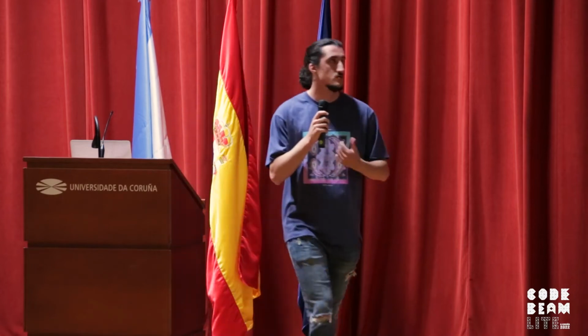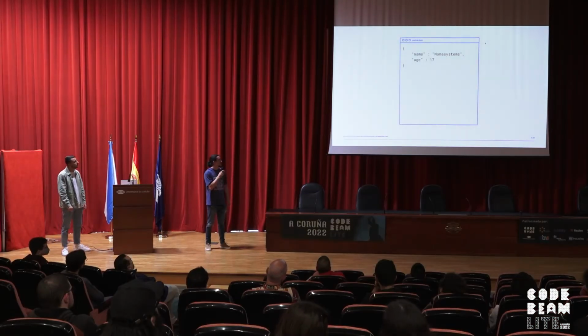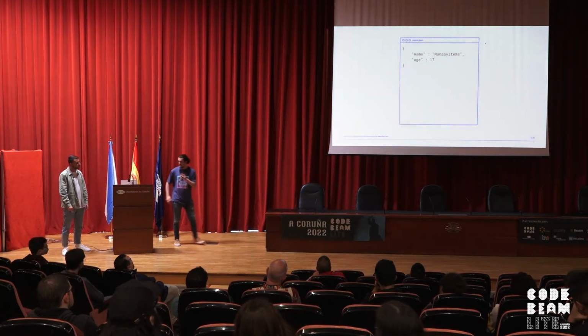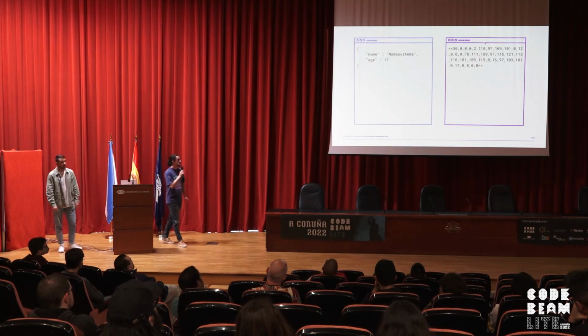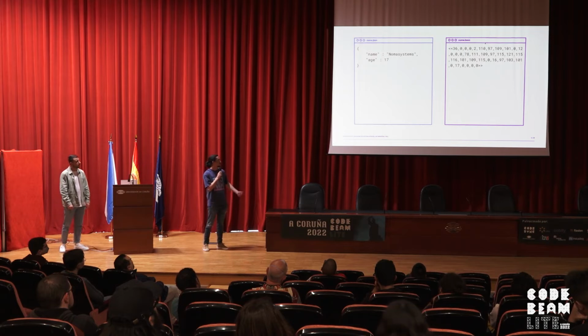So I'm sure you all know what this is. This is a JSON file. And JSON is a data format that represents information in a human readable manner. And basically, BSON is a binary encoded JSON. So the information on the left is an Erlang binary, which represents the same information as the JSON on the right.